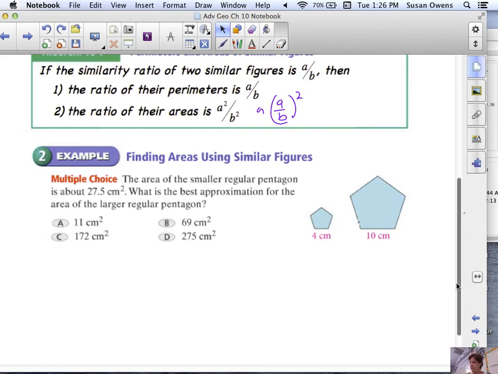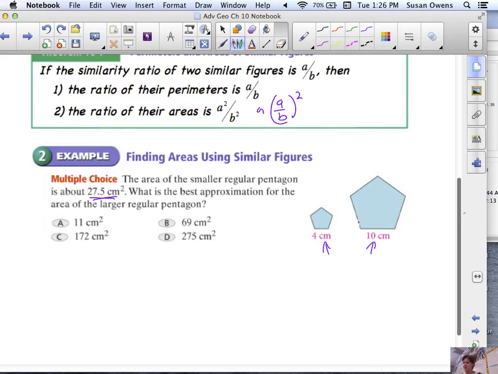So this is one that we have formulas. We could actually work our way backwards, find the side length, and then use that to find the other figure. But the easiest thing to do is, we have the area of the small one, and then we also have a comparison of the side lengths.